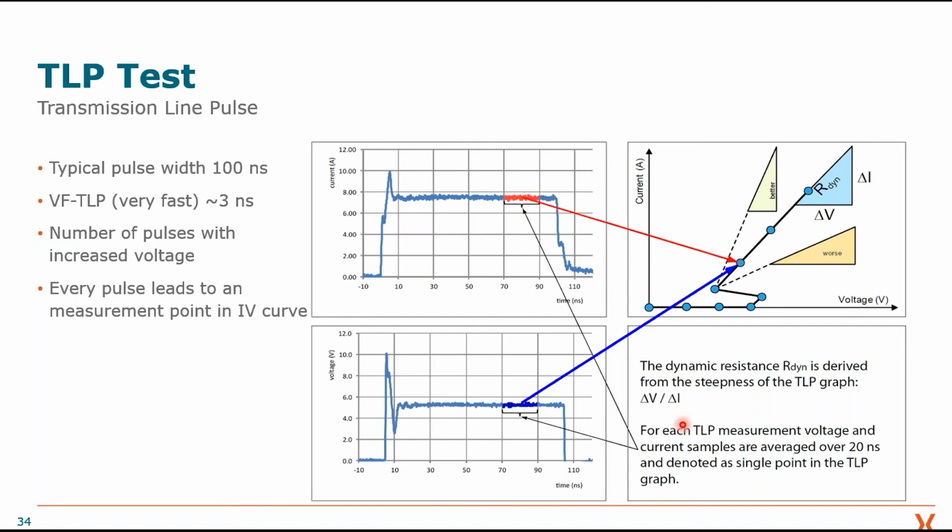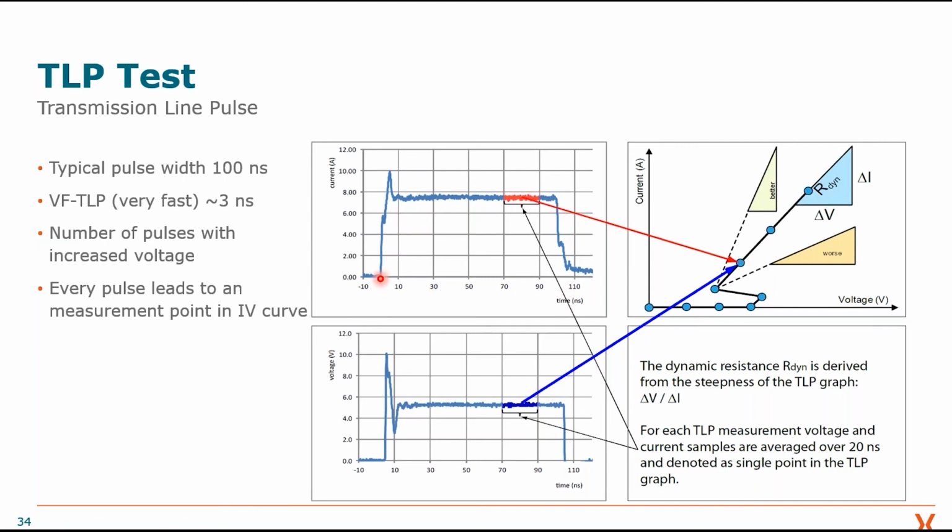Typically you are producing pulses with a rise time of 1 nanosecond and a pulse duration of 100 nanoseconds. This is the normal TLP, but there is also a very fast TLP used with a 3 nanosecond pulse time, which is only used for some special applications. In 90-95% of cases you're using the typical pulse with 100 nanoseconds.